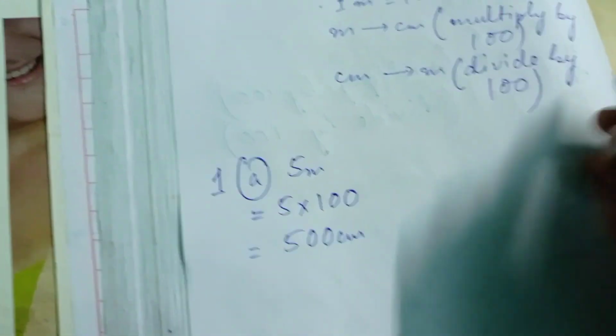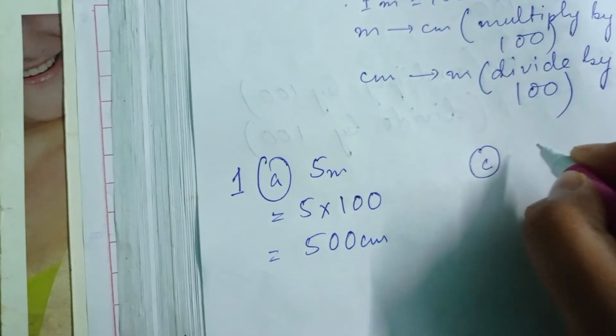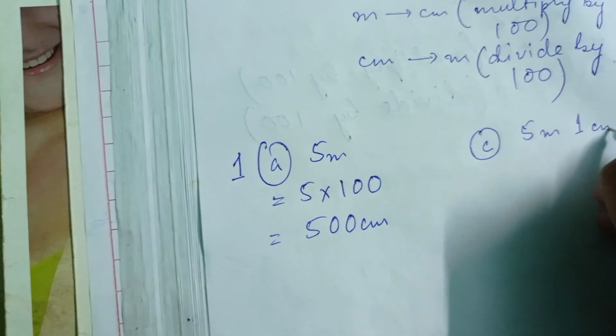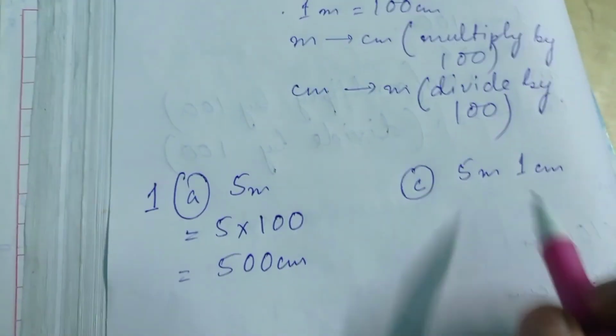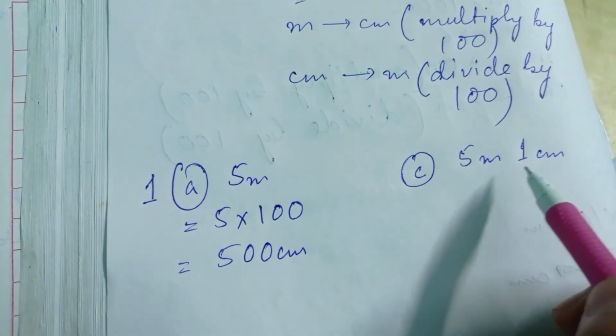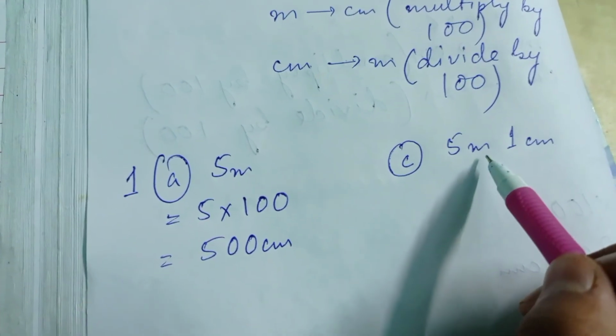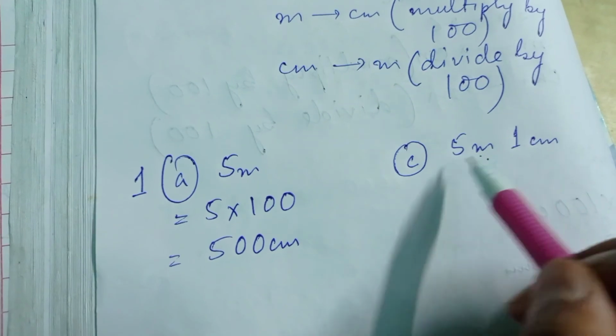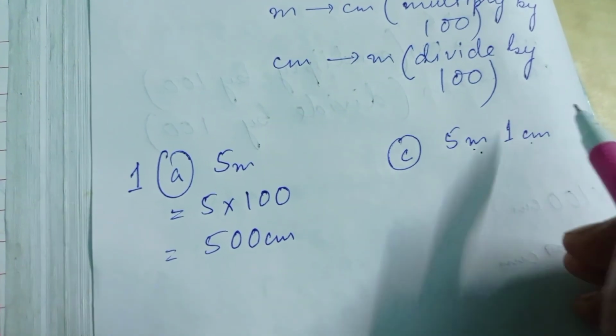Like that, one more question I will do. Number C, they have given 5 meter 1 centimeter, and you need to convert this into centimeter. The meter is not in centimeter, so you need to convert it, but this 1 centimeter is already in centimeter, right?